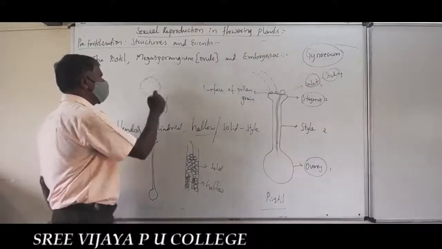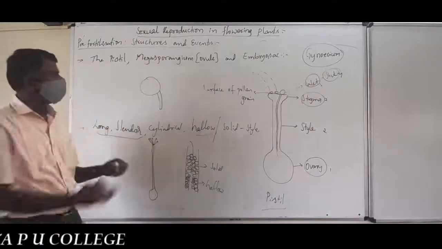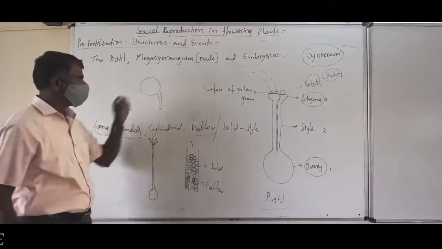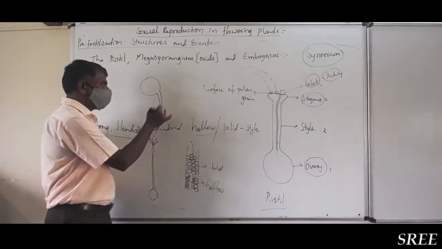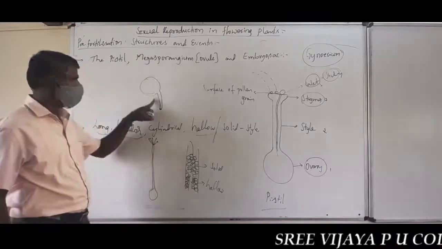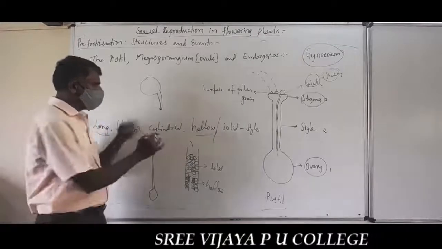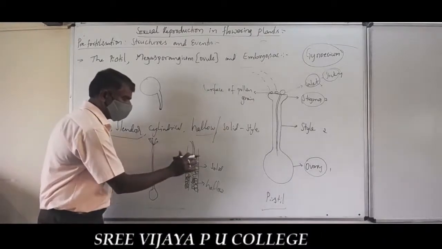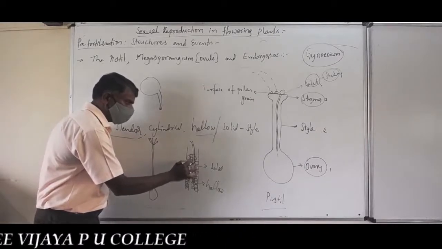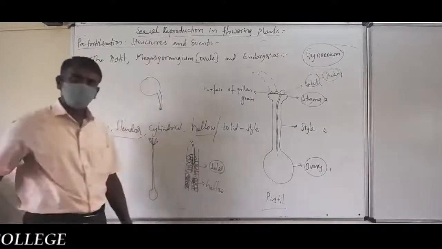The pollen tube is emerging from the pollen grain, and at the tip of the pollen tube there are certain digestive enzymes. These digestive enzymes make a path, as they digest the tissue of the solid style.